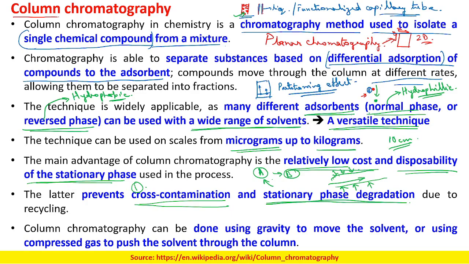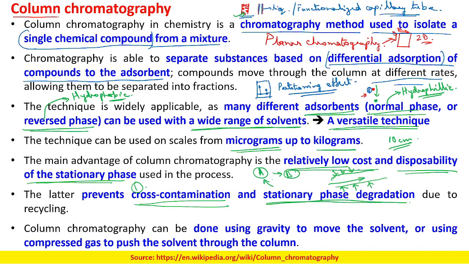That is also not a proper thing, the reason being, if it starts to degrade, the particle size of the stationary phase will decrease, and the packing of those particles within the column will be quite denser. The packing will be much closer, so there will be a change in the flow rate and flow properties.